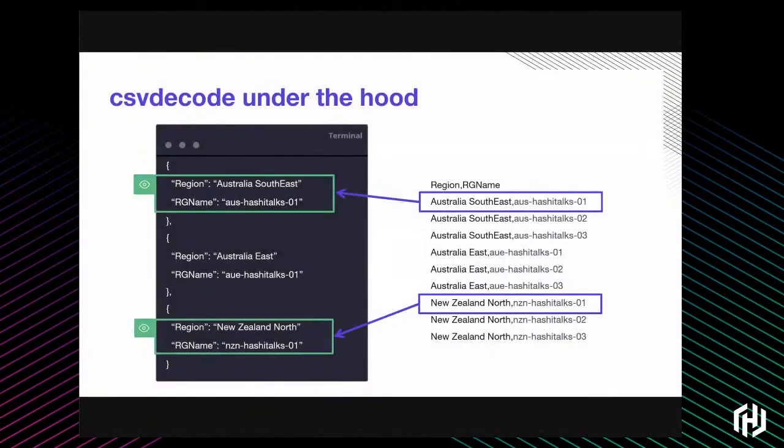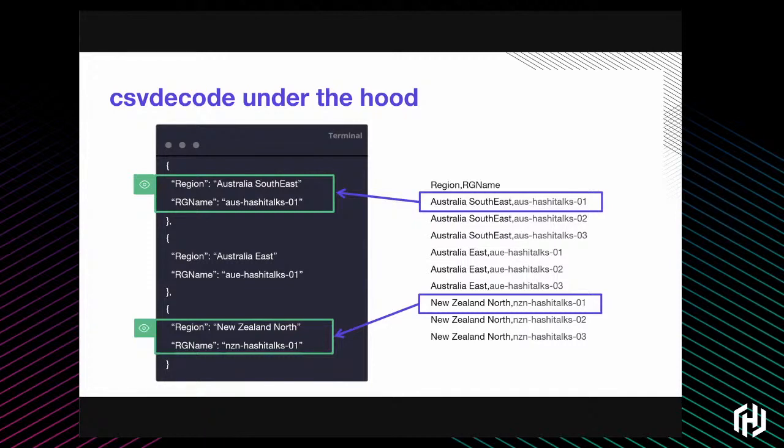Now, under the hood, CSV decode as a function is essentially taking our CSV rows, the values from the rows, which are comma separated values, and converting them into a single list containing multiple maps.